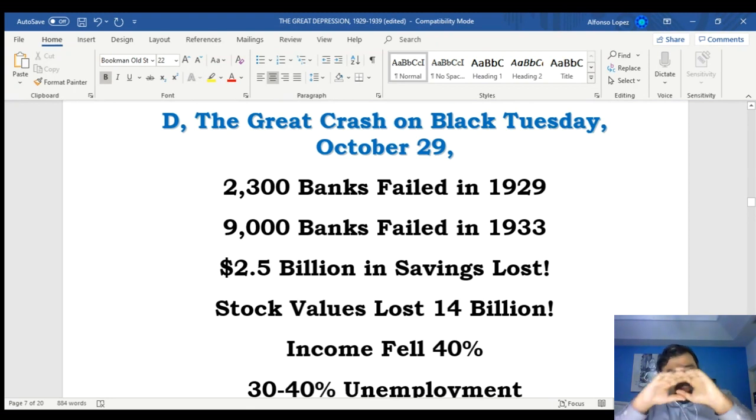So this is leading to the great crash, again, on Tuesday, October 29, when it was realized that a great many companies had failed, closed their operations, and the stock that they had sold to millions of people, 4 million Americans, again, was totally devalued. It had no value whatsoever.